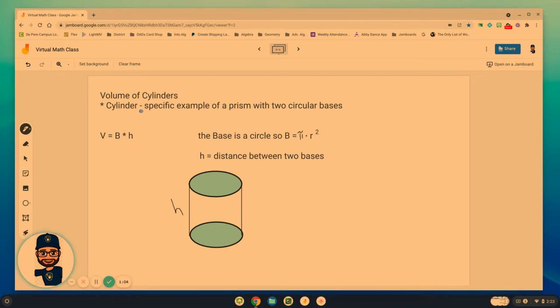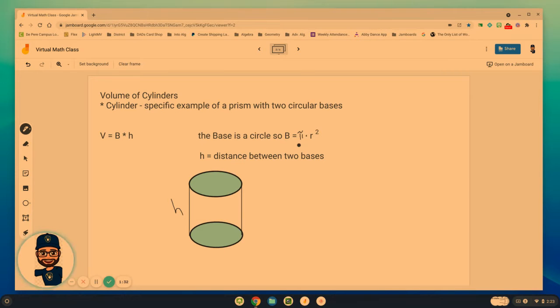Now, a cylinder is a very specific example of a prism because it has two circular bases. It's still a prism because it's got the same top and bottom, two bases, and its volume will still have the same formula, capital B times H, except that we know the exact formula for the capital B. We know that this area of the base, letter B, is pi r squared.